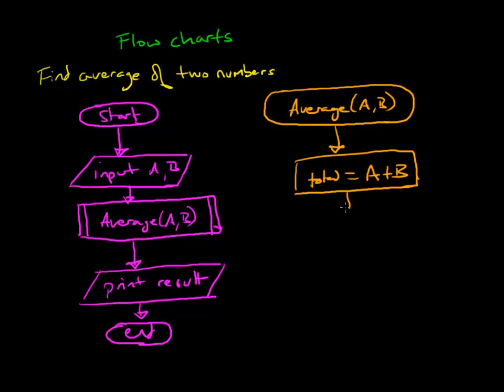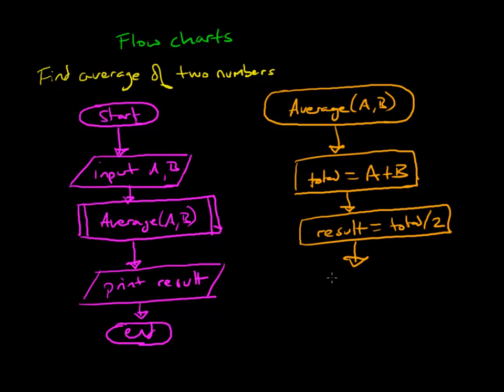And then it needs to do more processing, so it needs to take the total, or actually the result will be the total divided by 2, and that's more processing. And then we'll say exit.